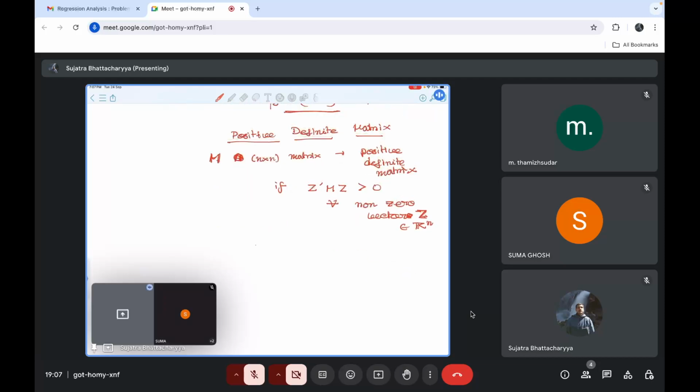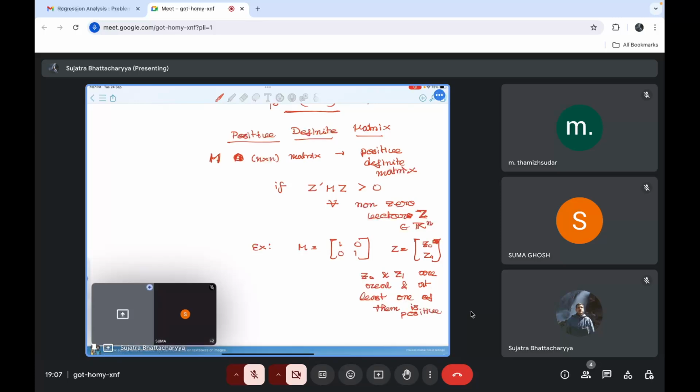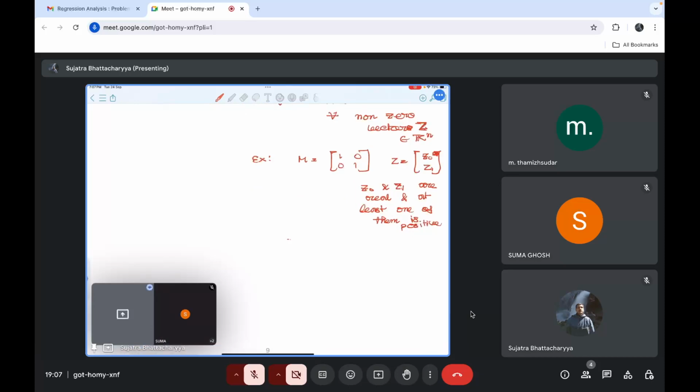One of the examples: suppose the identity matrix M is equal to [1, 0; 0, 1]. You take z0 and z1, suppose z0 and z1 are real and at least one of them is non-zero. If this kind of condition is there, then if you write z prime M z, this will give you z0 square plus z1 square.